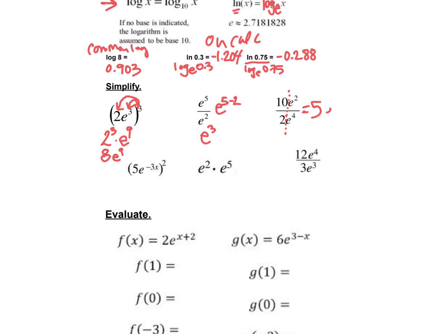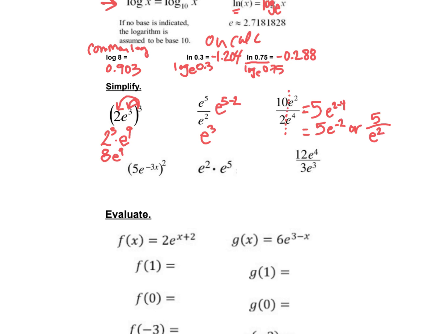Well, you can do e to the 2 minus 4. Or you can just say there's 2 up top and there's 4 on the bottom. 2 of them will cancel. So in the end, this is going to end up being 5 e to the negative 2. Or, more officially, 5 over e squared, where we bring that e to the negative 2 downstairs.